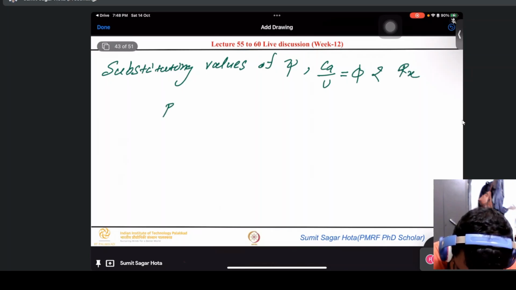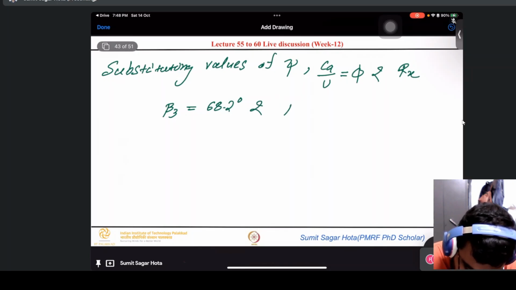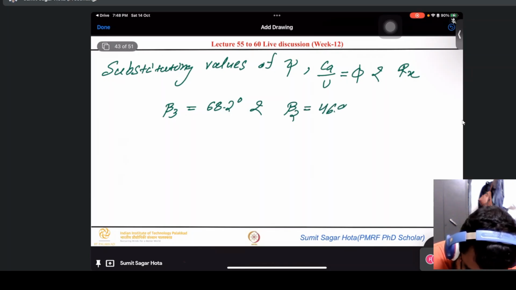What is beta 3 now? Beta 3 here is 68.2 degree and beta 2 is equal to 46.98 degree. Okay, so 50% reaction stage.